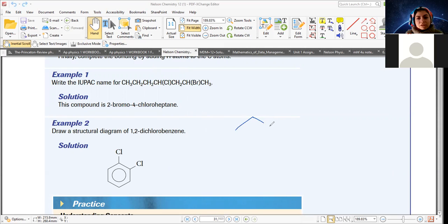Now here, 1,2-dichlorobenzene. Benzene ring, you already know. This is the benzene ring where every other bond is a double bond. On the first one and on the second one, you have chloro. So it's a Cl here.